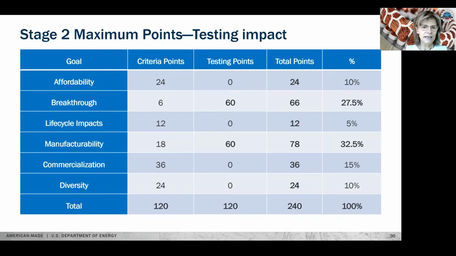So we decided the best option for everyone was to just divide the points 50-50. Conductivities for each qualifying contestant in a contest will be ranked and the points allocated by rank. The material that has the highest conductivity gets the maximum number of points. Now onto the details of the first column, the criteria points. Next slide, please.